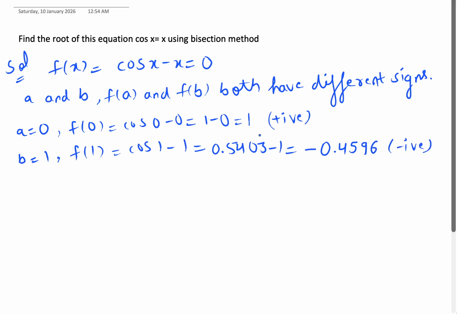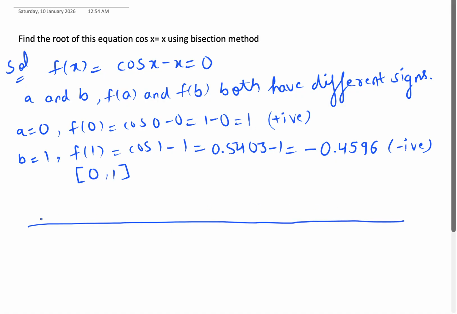So I have found the interval, that is 0 and 1. We have found this interval between 0 and 1. So what I'm going to do is make a big line here. Let's say this is a equals 0, and here it is b equals 1. What was the value of f(0)?